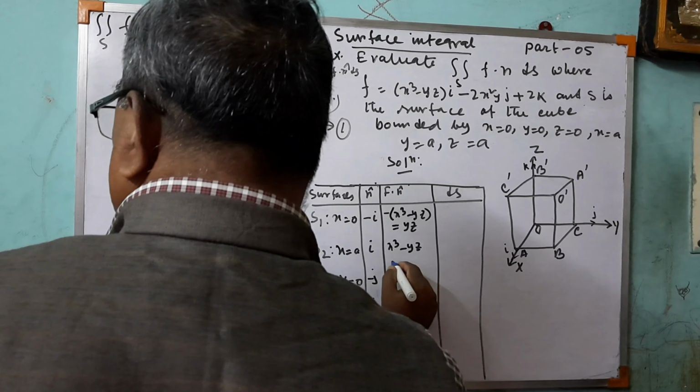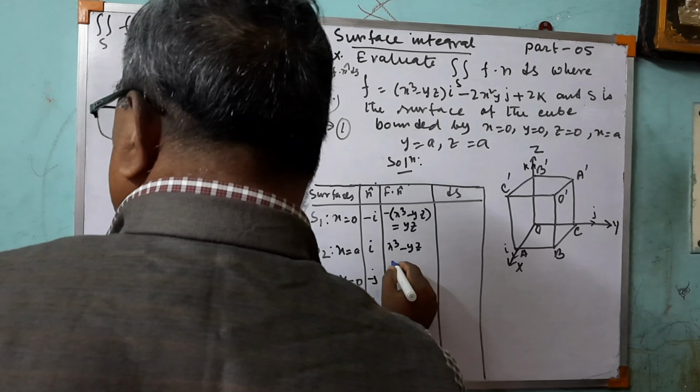Now here, when it is on the yz plane, ds will be dy dz. When x equal to 0, x equal to a, you have to take dy dz. This is also dy dz.